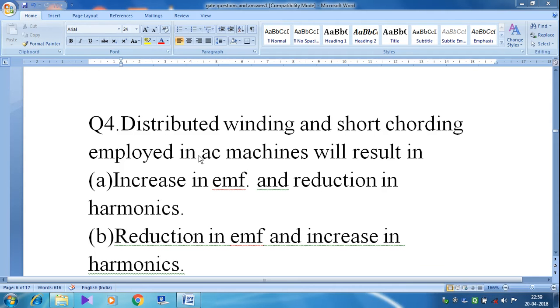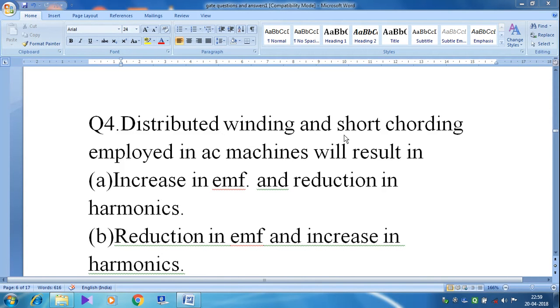Therefore, what is the main cause? उसका cause क्या है? हम लोग प्रैक्टिकल मशीन में जो लेते हैं उसको डिस्ट्रीब्यूटेड वाइंडिंग एंड शॉर्ट पिच और शॉर्ट कोडिंग और फ्रैक्शनल पिच वाइंडिंग देते हैं. Though we are getting EMF, the output is less compared to full pitch and concentrated winding.